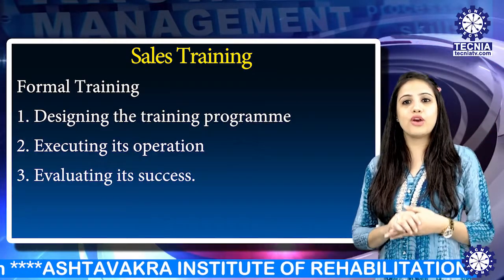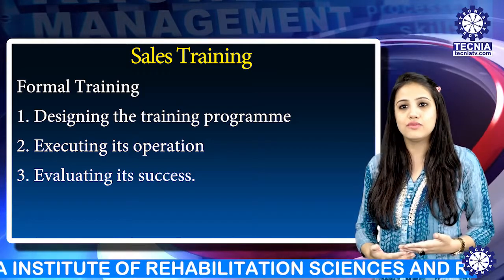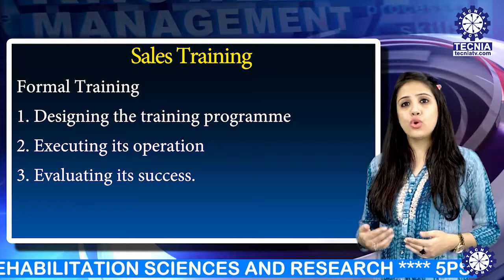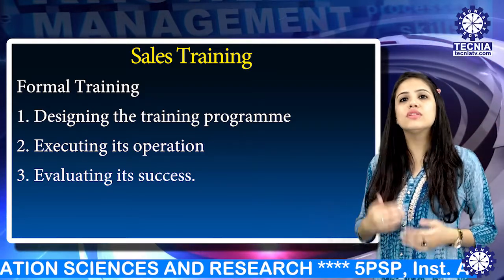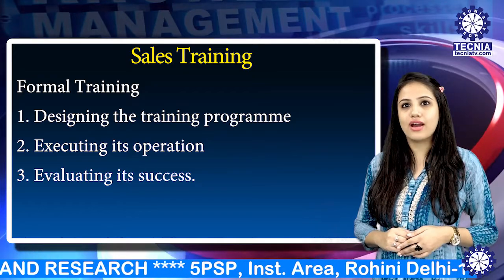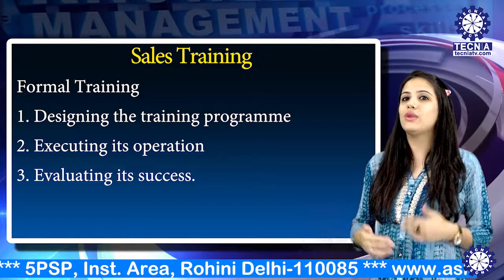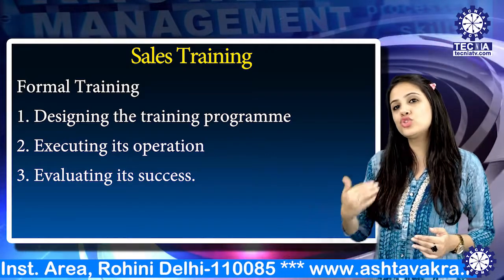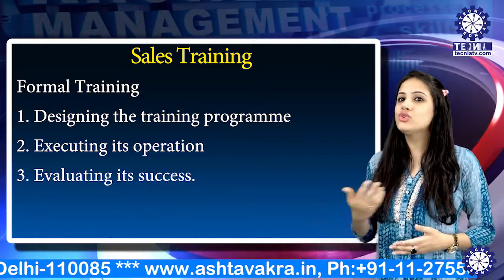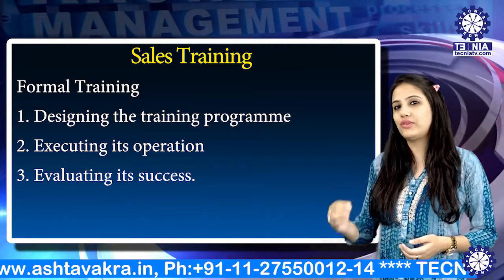Formal training involves carefully planned programs which consist of lesson plans, visual aids, etc. There are three phases of formal sales training. Number one is designing the training program, second is executing it in operations, and the third one is evaluating its success, just to check whether the formal training is actually beneficial to the organization or to the employees or not. So this is formal training.